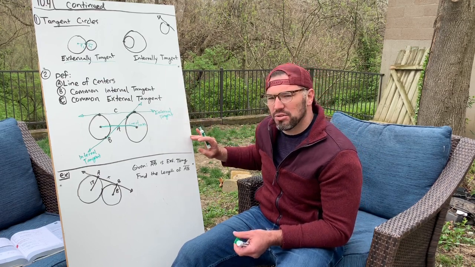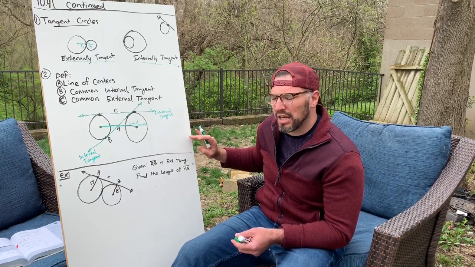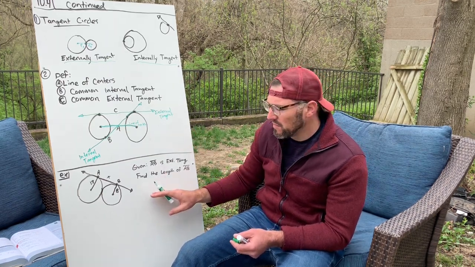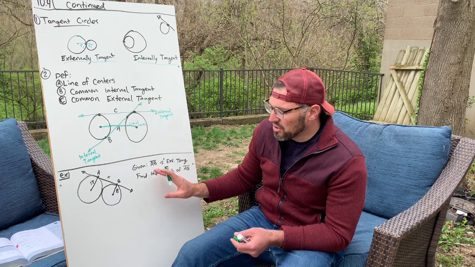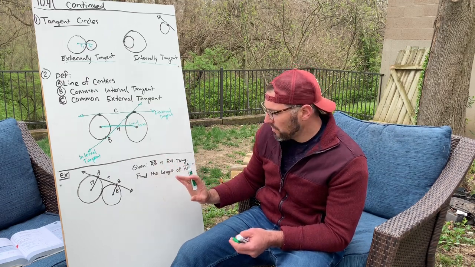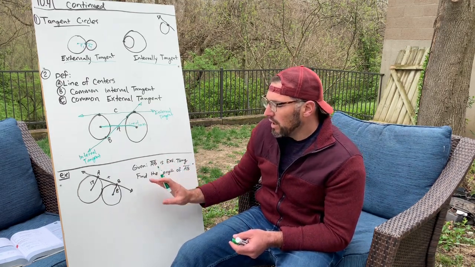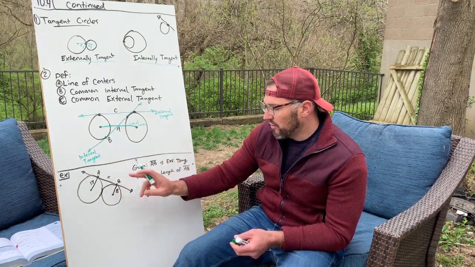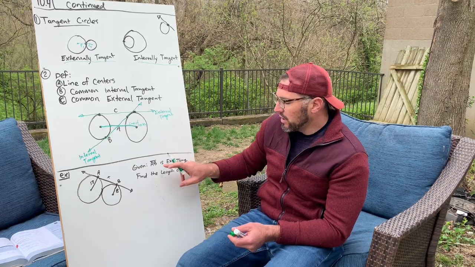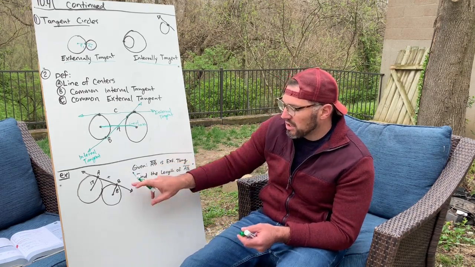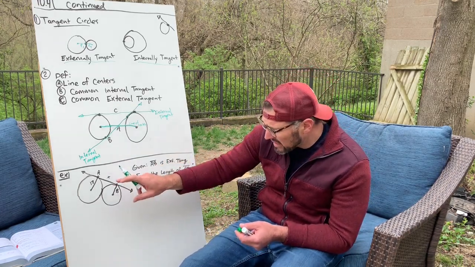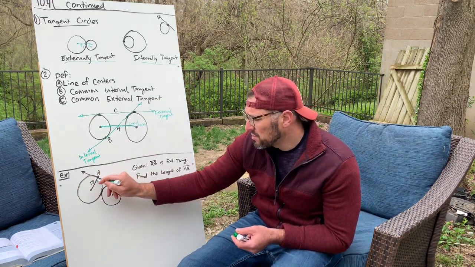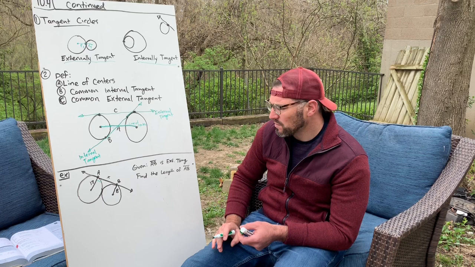The problems that you'll do today are more challenging than yesterday because you're going to have problems like this. Now, you have to create some sort of relationship between everything that you have here, and for this problem, you have to solve for x. Given AB is an external tangent, a common external tangent, this line AB is tangent to this circle, which means there's a right angle there.